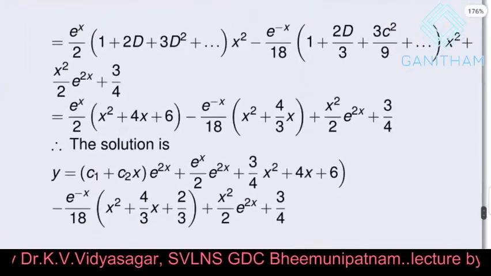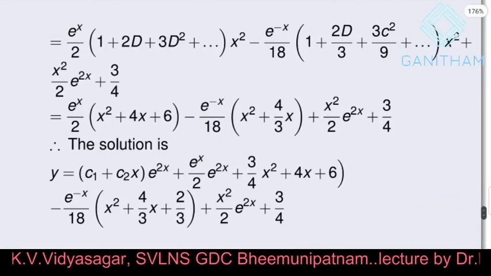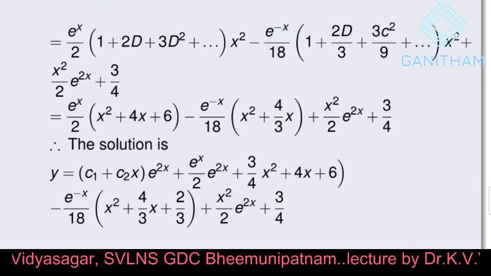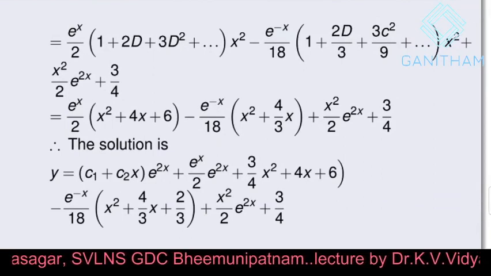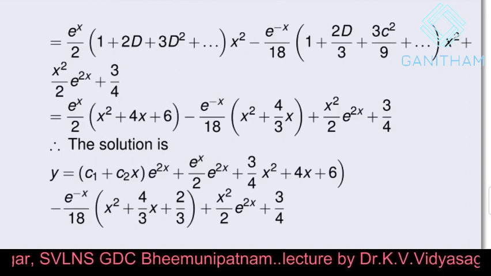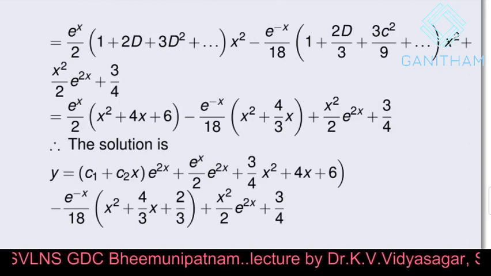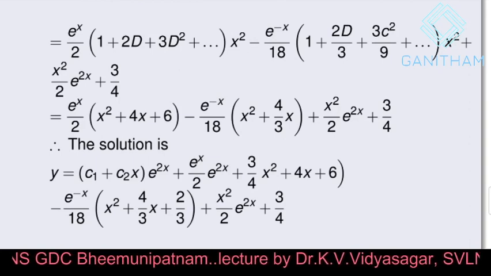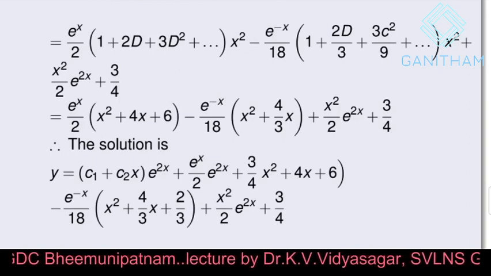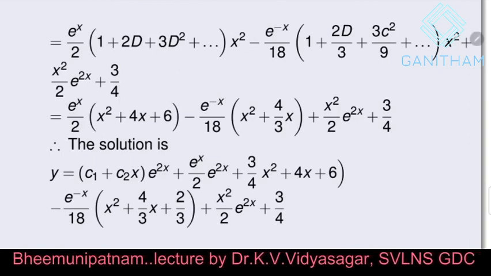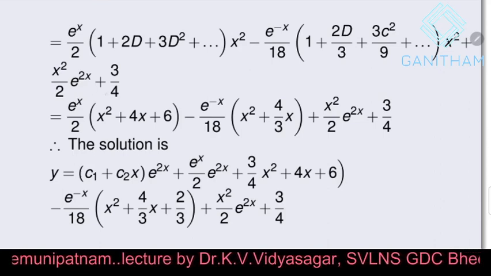Now the expansion is 1 plus 2d plus 3d square and so on into x square, minus e to the power of minus x by 18 into 1 plus 2d by 3 plus 3d square by 9 and so on into x square, and the last two terms remain the same, x square by 2 into e to the power of 2x plus 3 by 4.